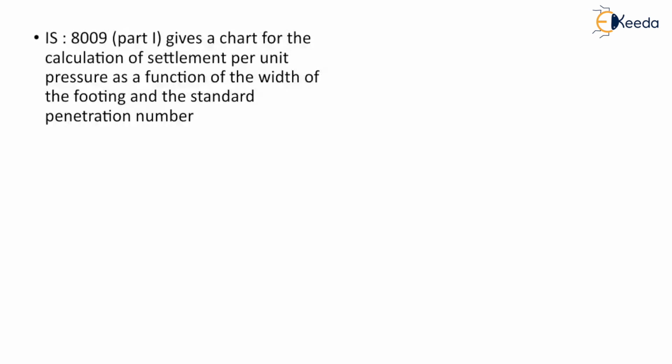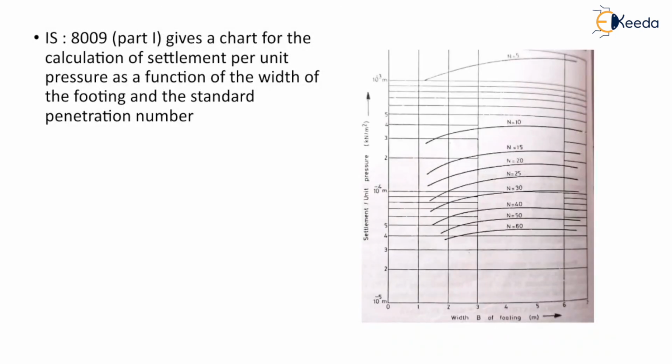Once penetration numbers are obtained from experiment and necessary corrections are applied, IS 8009 Part 1 gives the chart for the calculation of settlement per unit pressure as a function of width of the footing and the standard penetration number. This is the chart which gives the relationship between width of the footing, indicated on the x-axis, and settlement per unit pressure in kilonewton per meter square on the y-axis.